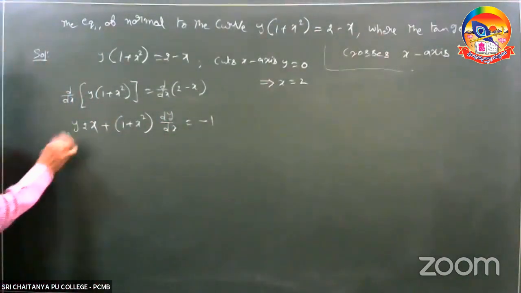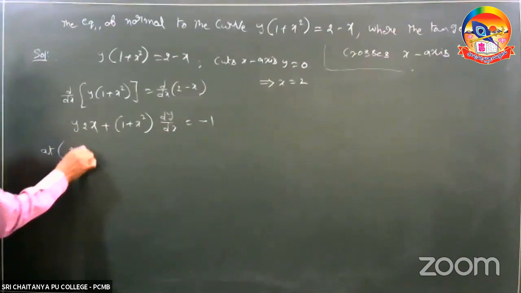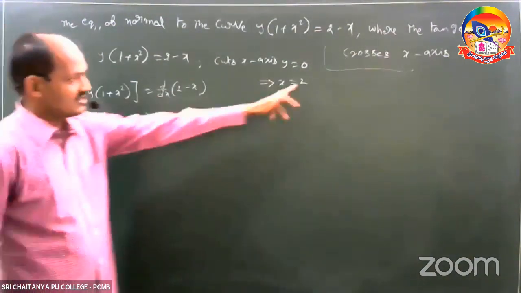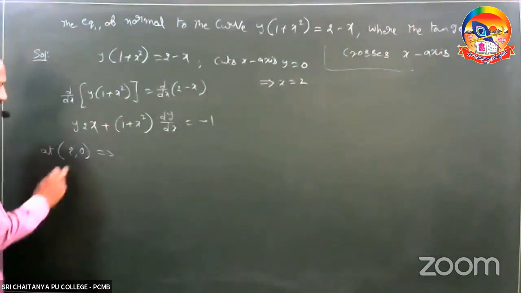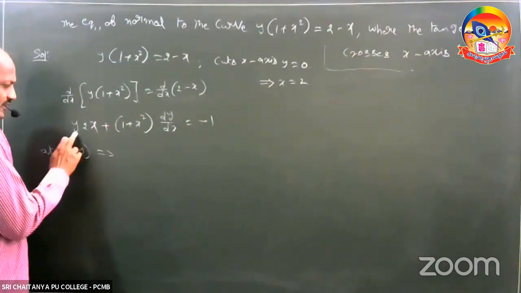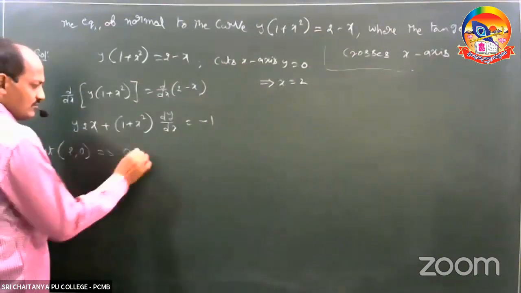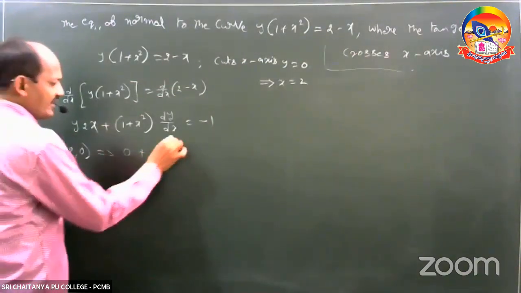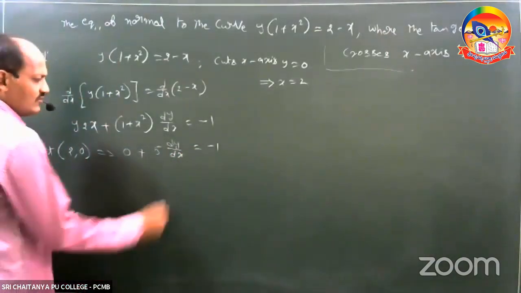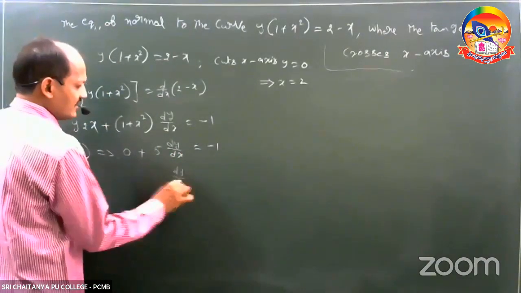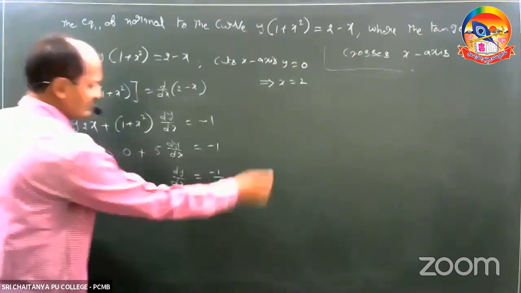At 2 comma 0, x is 2 and y is 0. With y equal to 0, 5 dy by dx is equal to minus 1, so dy by dx is minus 1 by 5.